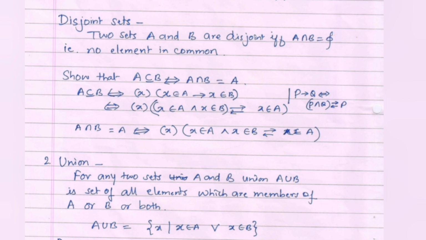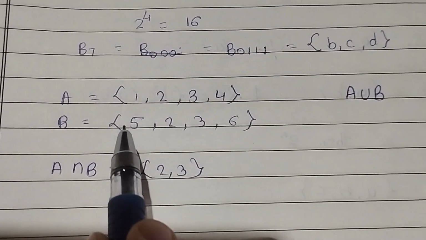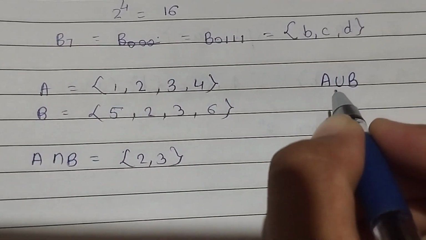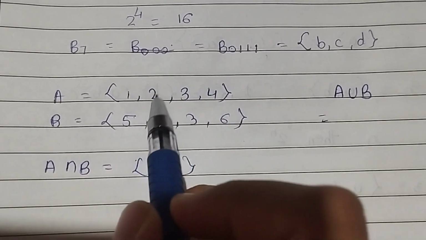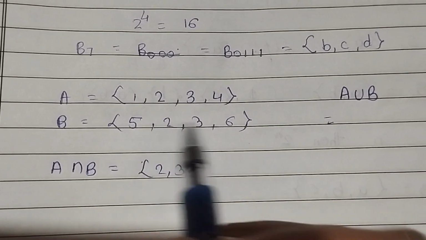Second is union set. For any two sets A and B, the union A union B is a set of all elements which are members of A or B or both. In short, union means combine both sets A and B. Suppose these two sets are given, then to write A union B, combine both, meaning 1 2 3 4 and 5 and 6.